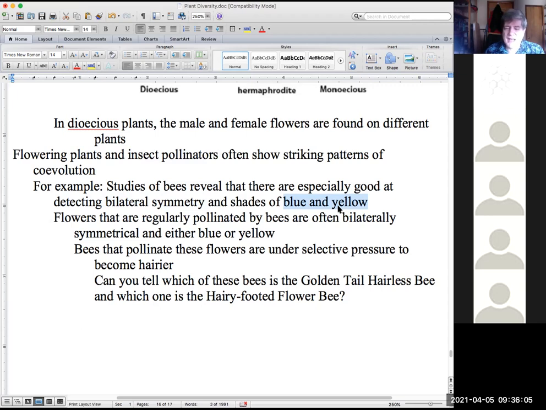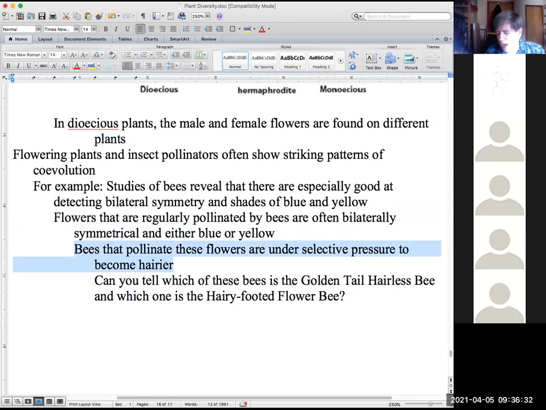So a lot of flowers that are pollinated by bees are bilaterally symmetrical. And they're either yellow or blue, or some of them have markings that we can't see in ultraviolet. The bees can see them. Now, bees and other insects that pollinate flowers are under natural selection pressures to become hairier.